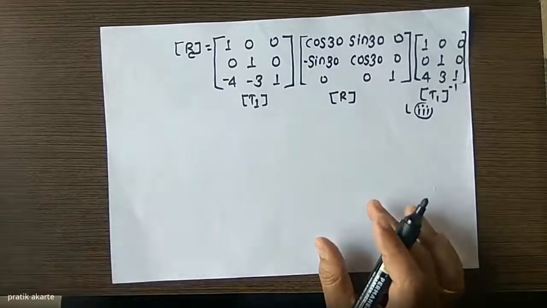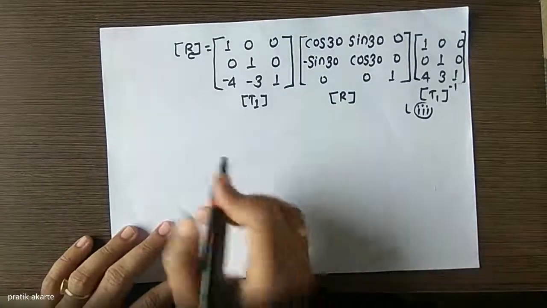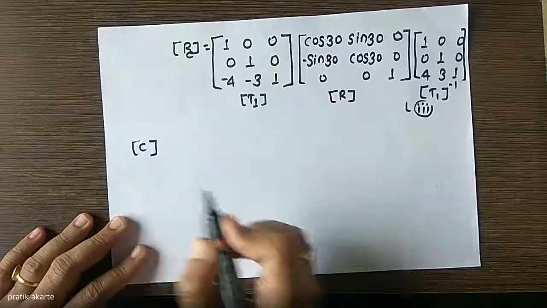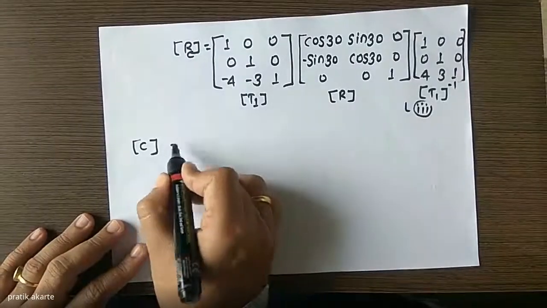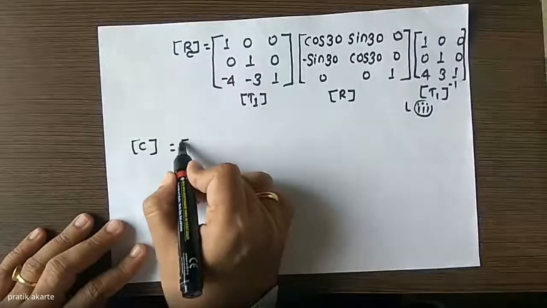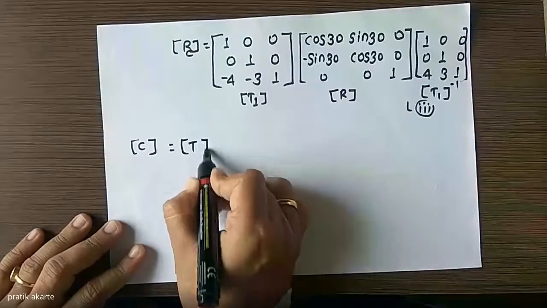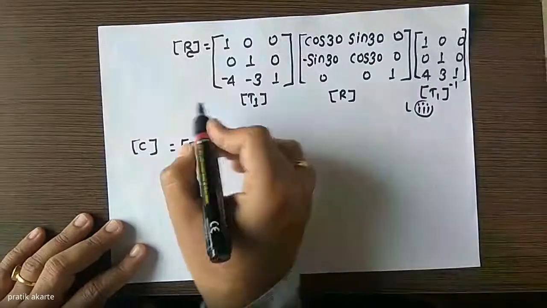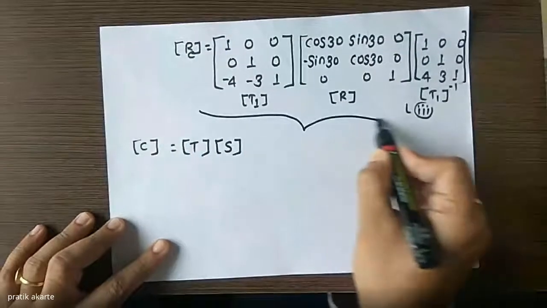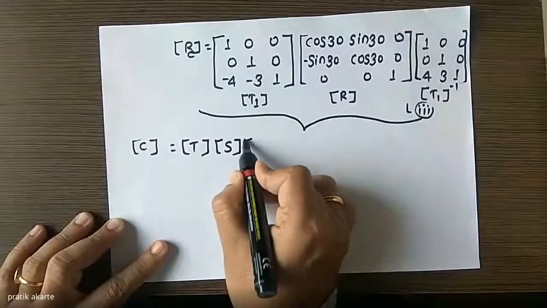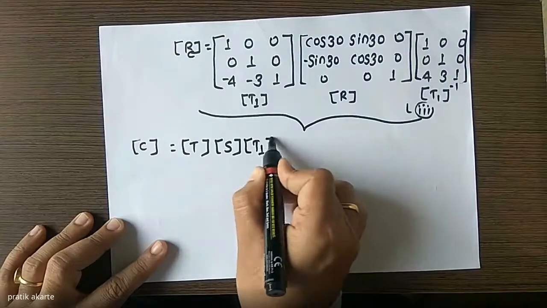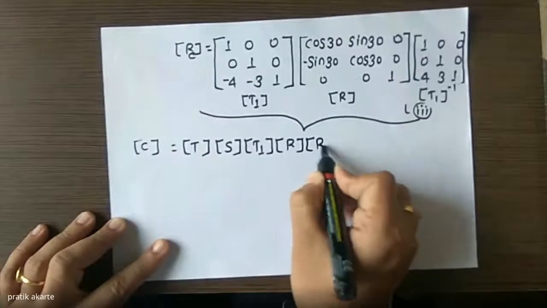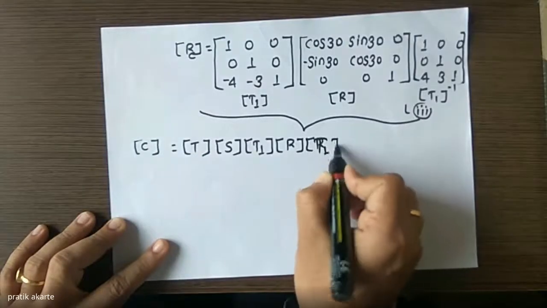Now we have to find out the complete composite or concatenated transformation matrix, which is a matrix of translation, scaling, then this complete matrix, which is again the translation, rotation, and inverse translation.